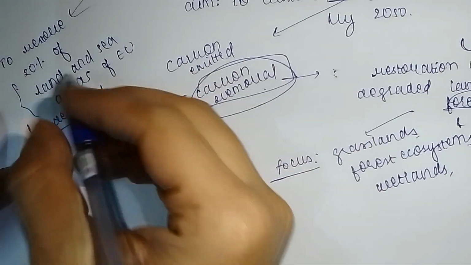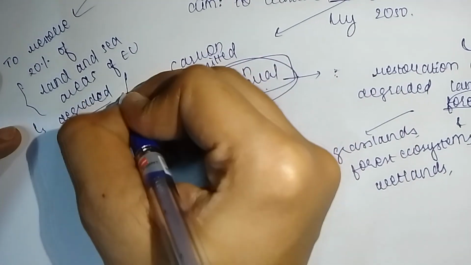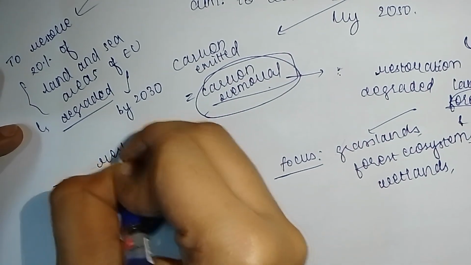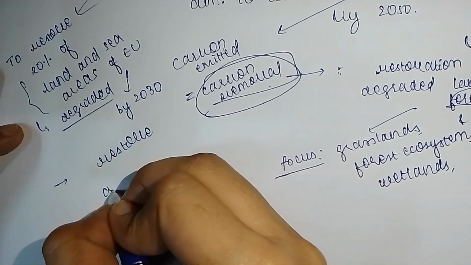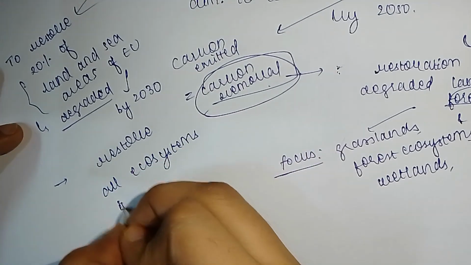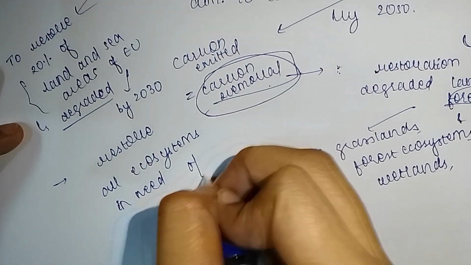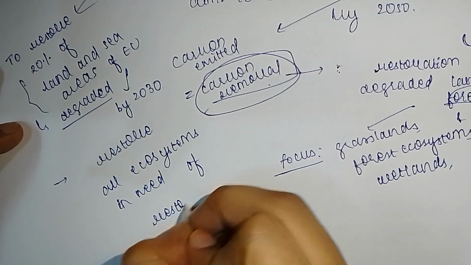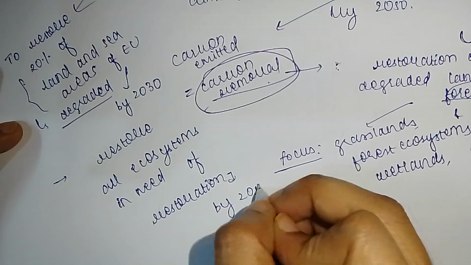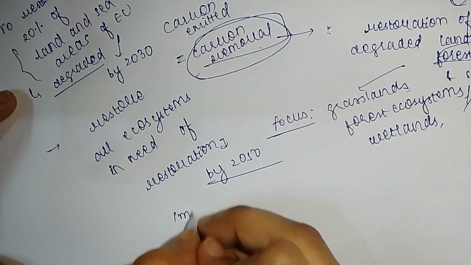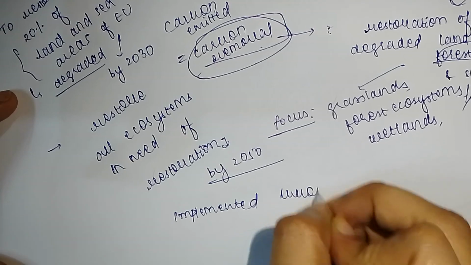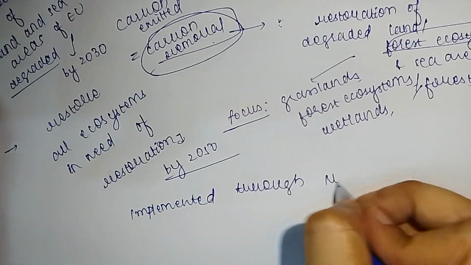So, restore at least 20% of land and sea areas of the EU degraded by 2030, and restore all ecosystems in need of restoration by 2050, and it is implemented through National Restoration Plans.